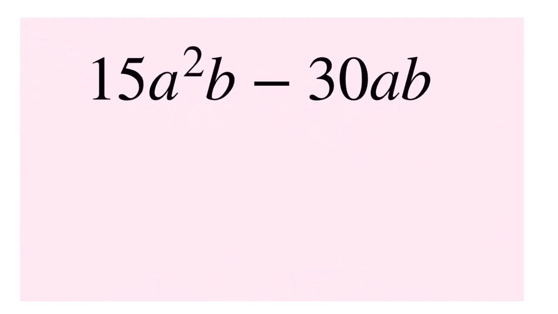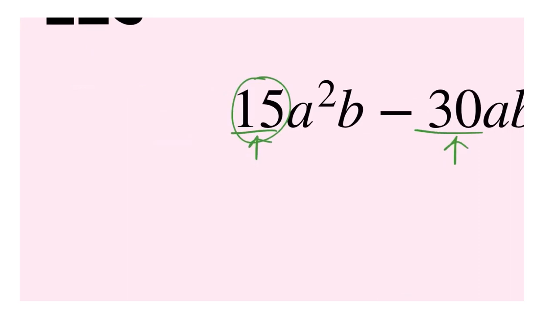In the next example, we do have coefficients, so let's start with those. So what goes into 15 and 30? Remember, we have to take the biggest number possible, because 15 and 30 actually have quite a few common factors, right? For example, the factors of 15 would be 1 times 15, 3 times 5, and that would be it.